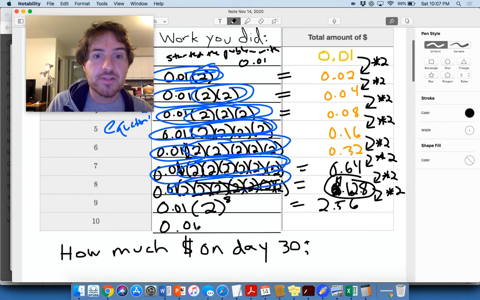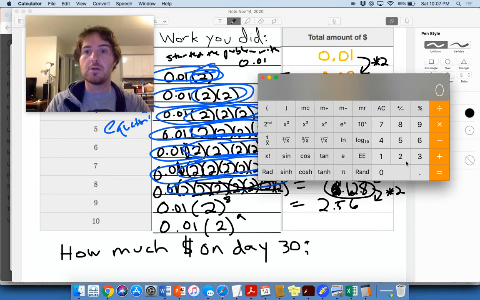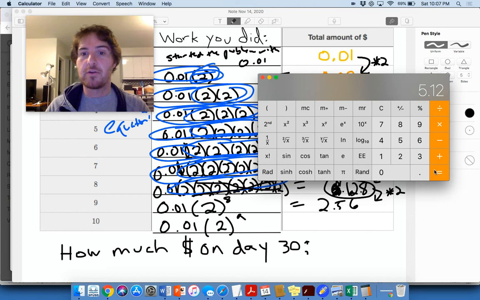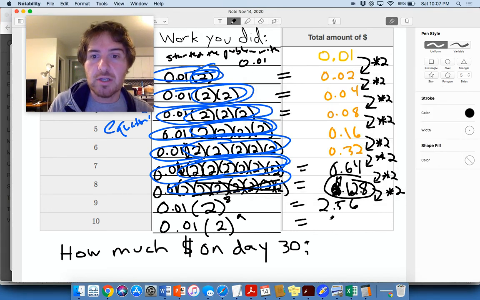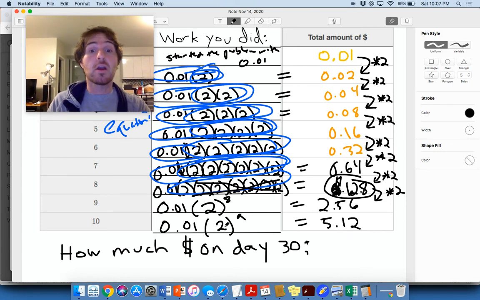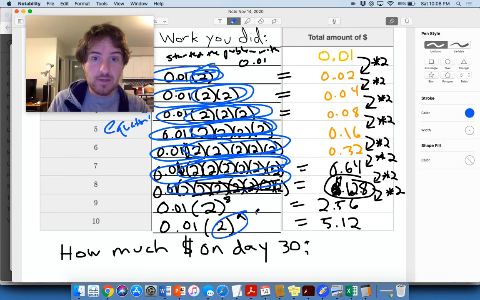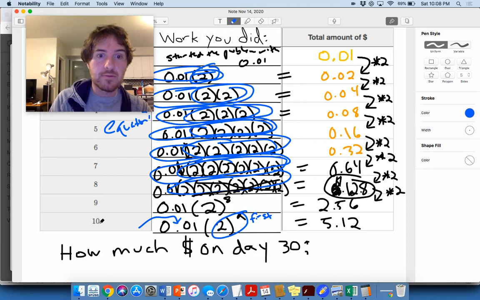So this is 0.01 times 2 to the 9th power, and 2 to the 9th power is 512, times 0.01 is $5.12. Okay, so to answer your question, I know you asked me this past weekend, to use this equation you do this 2 to the 9th power first, and then you multiply second.